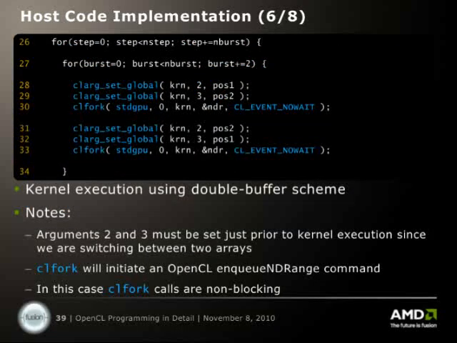Then in line 26, we begin our loop over steps. We've nominally set this to run for 100 time steps. As I mentioned, we also introduced this value n burst. That's simply the number of steps that we iterate before we transfer data back from the GPU to the host.